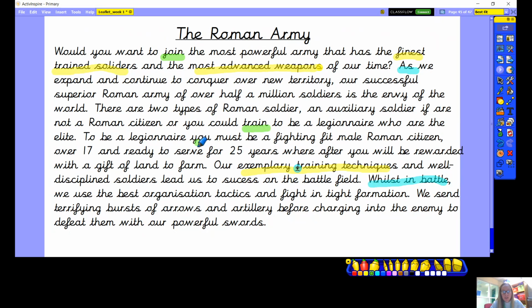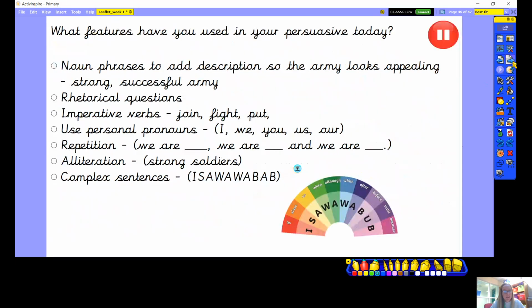You must, you will. So there are some of those examples. Personal pronouns then, so the words like you want to join our successful army, you again, you will be rewarded, we. So there are lots of examples of personal pronouns there.